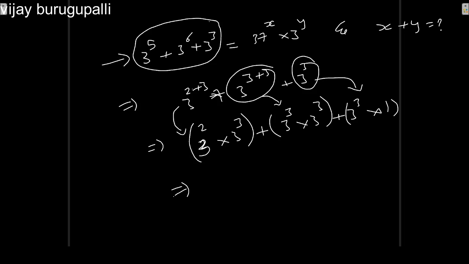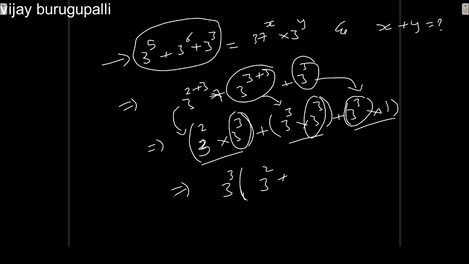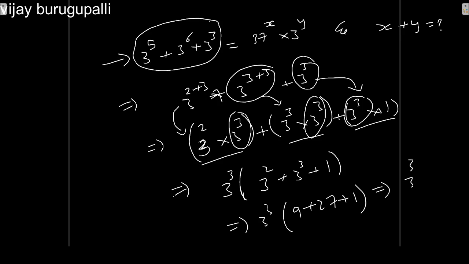Now, in all these terms, 3 cube is common. So we have to take 3 cube common and solve the remaining expression. That means it will become 9 plus 27 plus 1, which is equal to 3 cube into 37. Now let's compare this with the given expression.